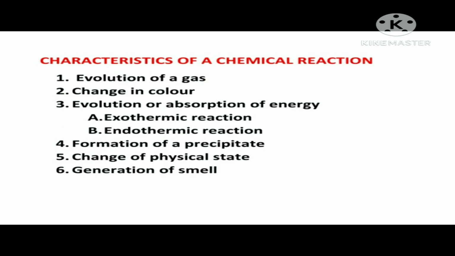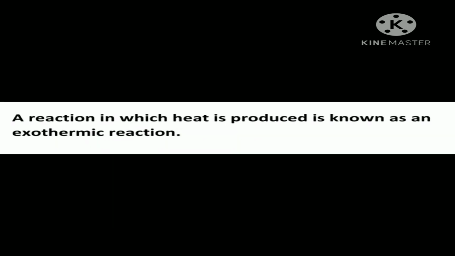The next characteristic is evolution or absorption of energy. Depending on the evolution or absorption of energy, a reaction may be of two types: exothermic reaction and endothermic reaction. A reaction in which heat is produced or evolved is known as an exothermic reaction. Let's discuss some examples of exothermic reactions.